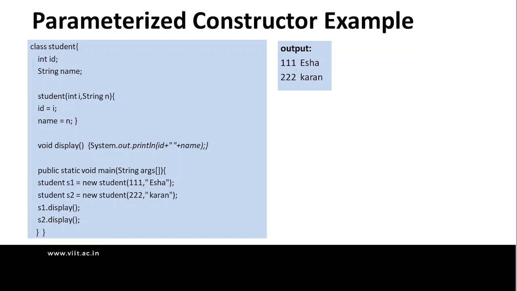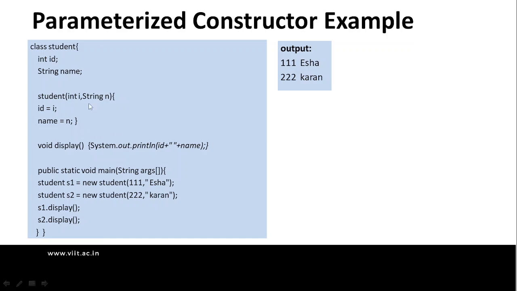Then public static void main: Student s1 with roll number 1 and name Isha, and s2 with another value. Then you try to display s1 and s2, and of course their values will be different. Check what will happen.